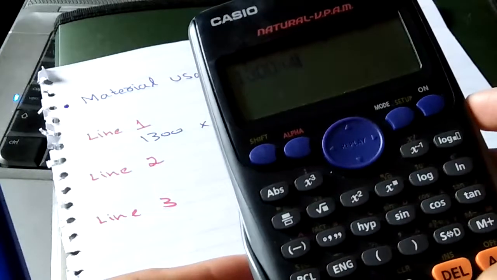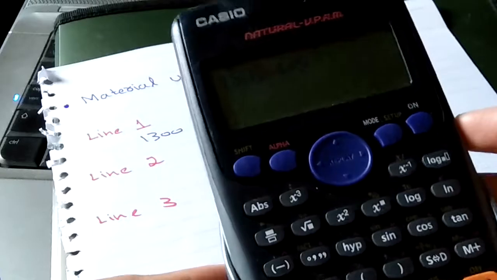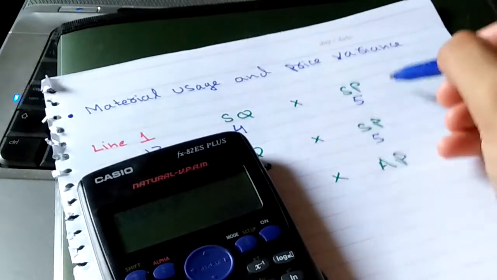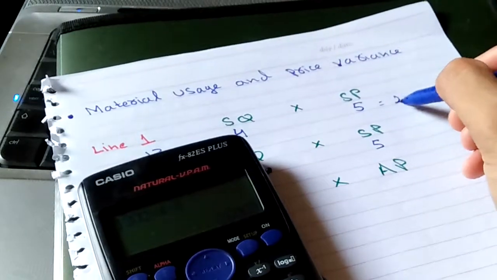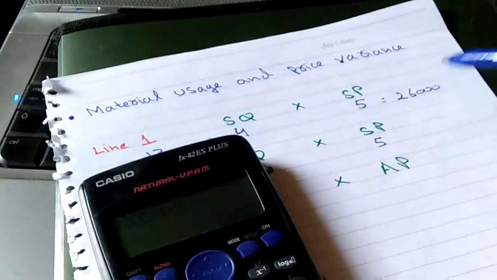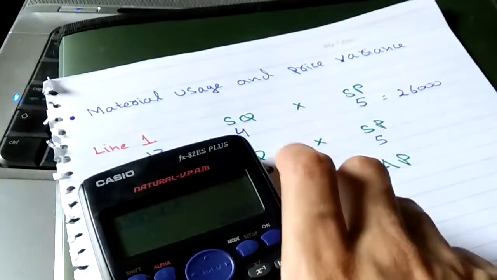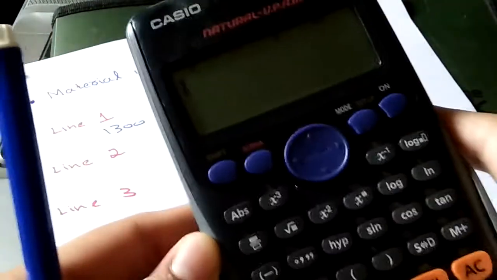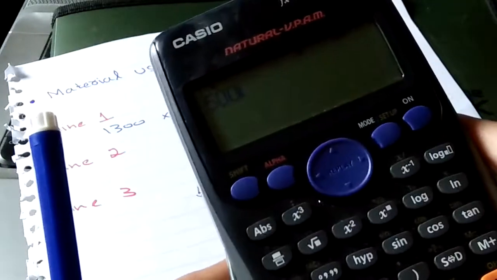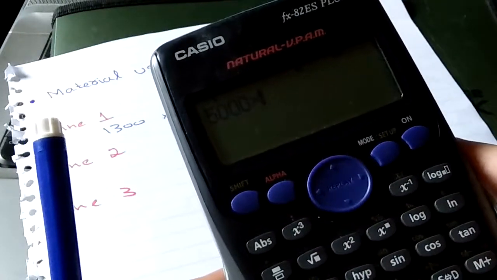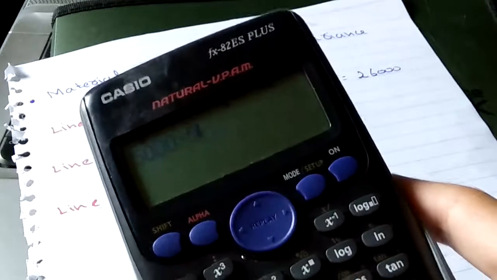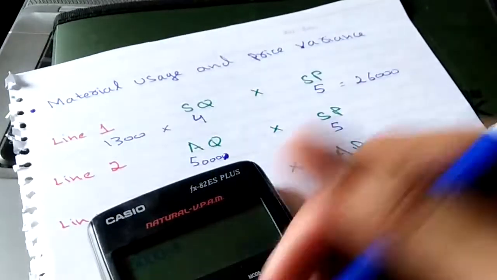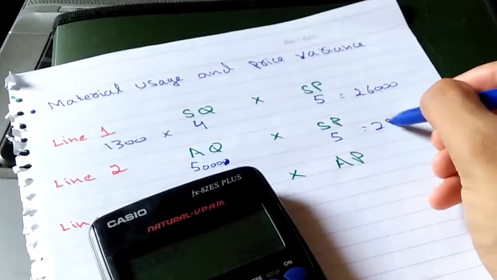1300 into 4 into 5, this is 26,000. So it gives us 26,000. And now multiplying line 2, 5,000 with 5, and hopefully we are getting 25,000. Yes, this is 25,000.